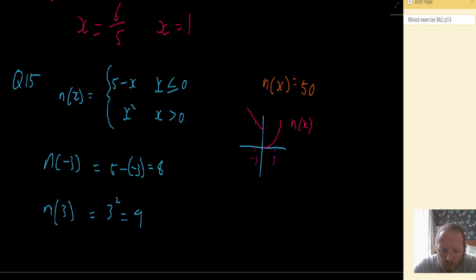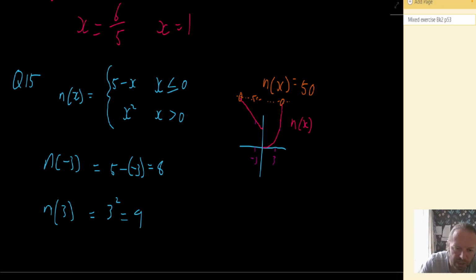But when is n of x equal to 50? Well, of course, 50 is going to be up here somewhere, and so we're going to have a value out here and a value out here. So we need to solve it for both of these.